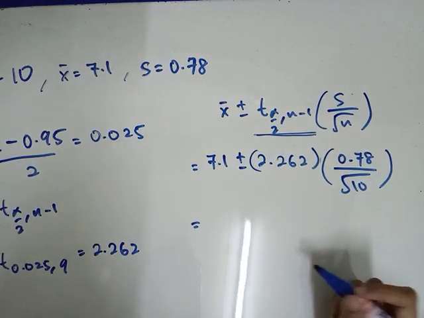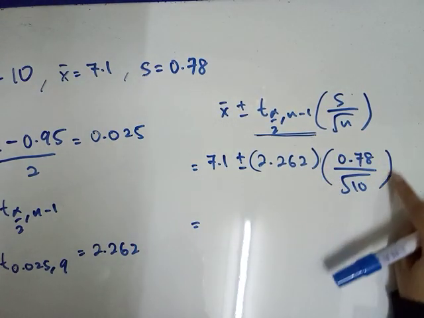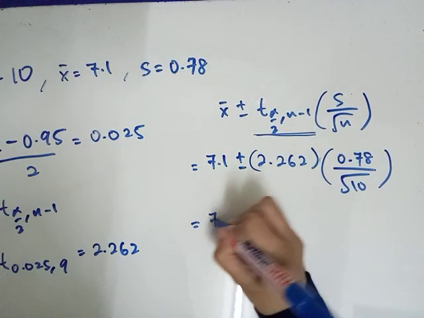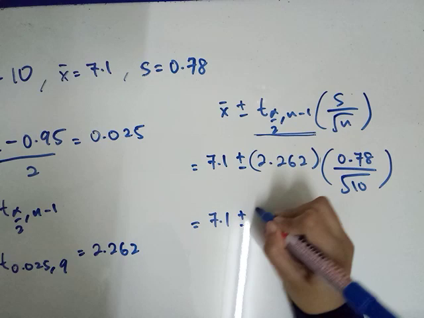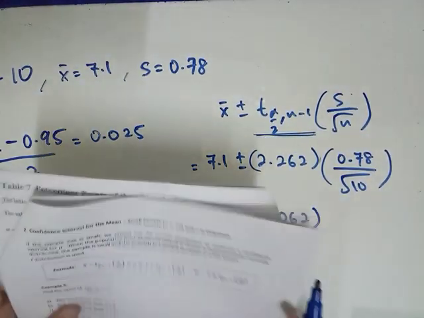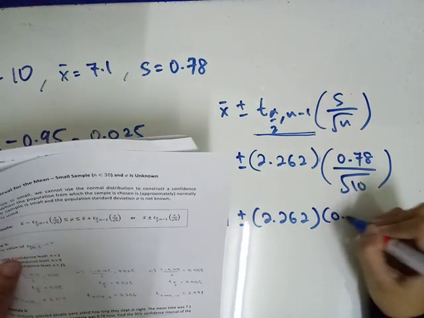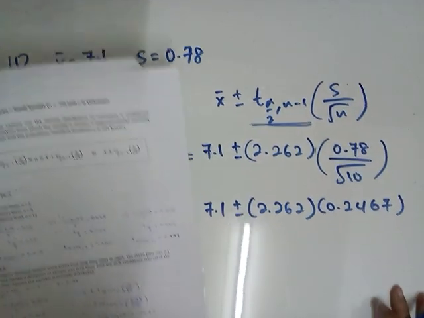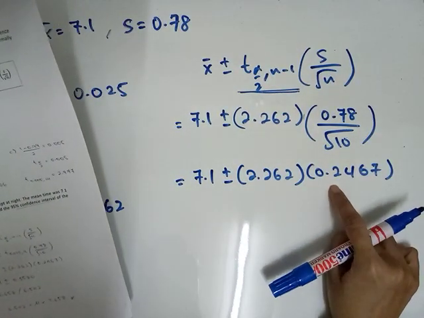Okay, and then how do we calculate this first? 0.78 divided by square root 10. How do you get it? You will get 0.2467. Try calculating, do you get 0.2467?